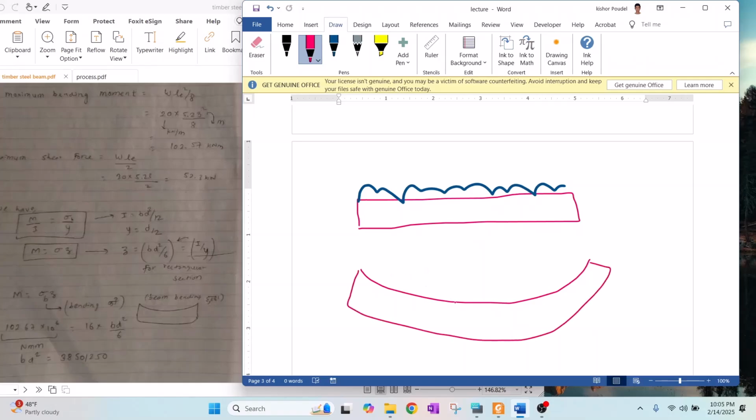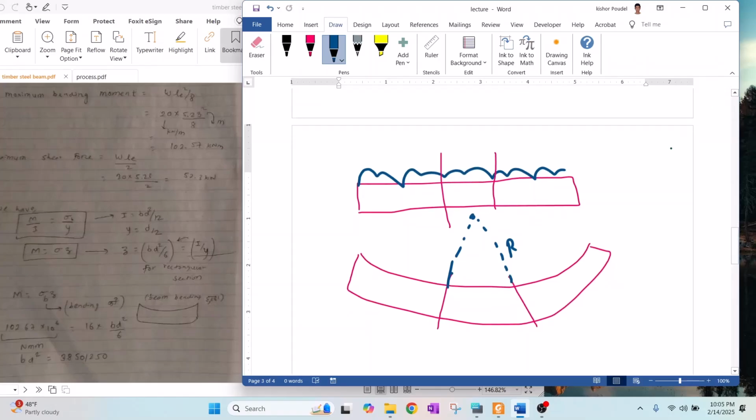If we take a section here and here, and extend these lines, they will meet here. This is the center of curvature, and this is R, the radius of curvature. We apply this equation to find out the required section size of the material for that load.